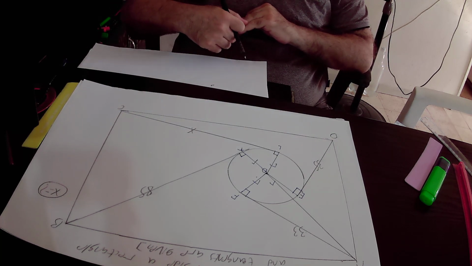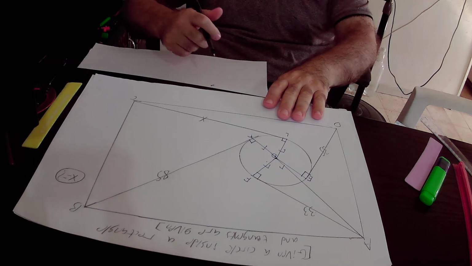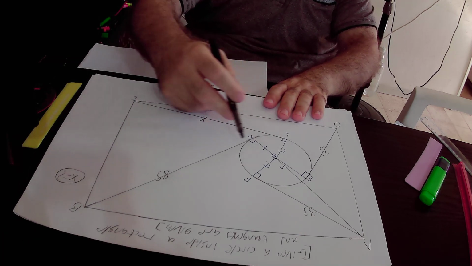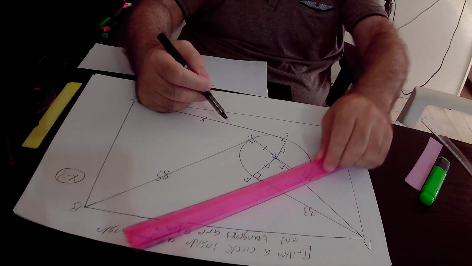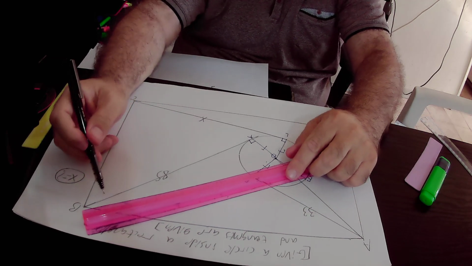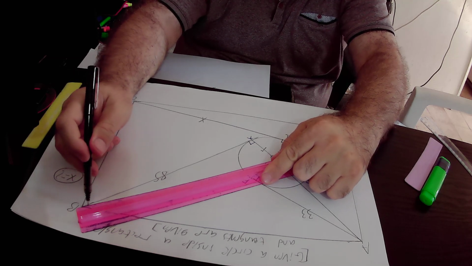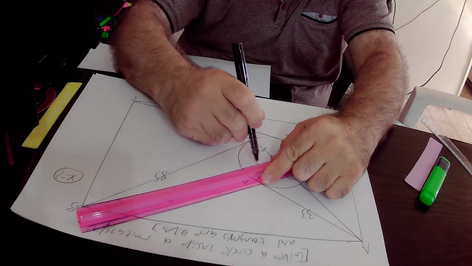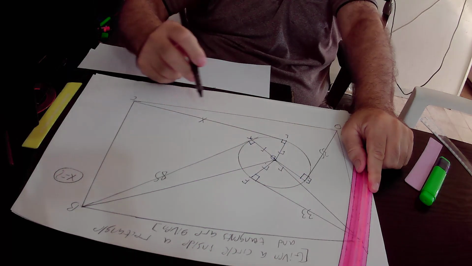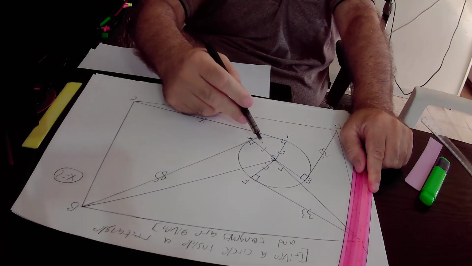In the next step, we join points B and O together by a straight line. And we'll focus on triangle BTO.